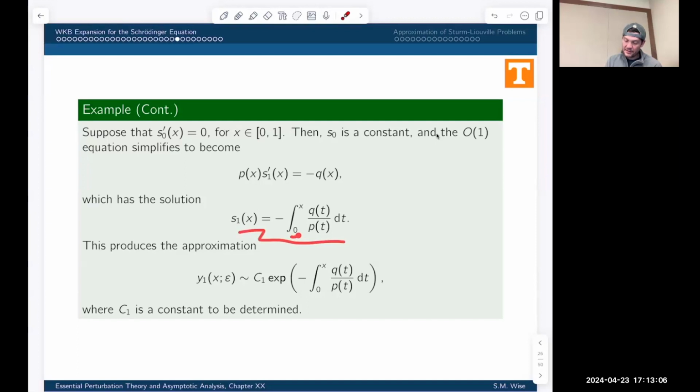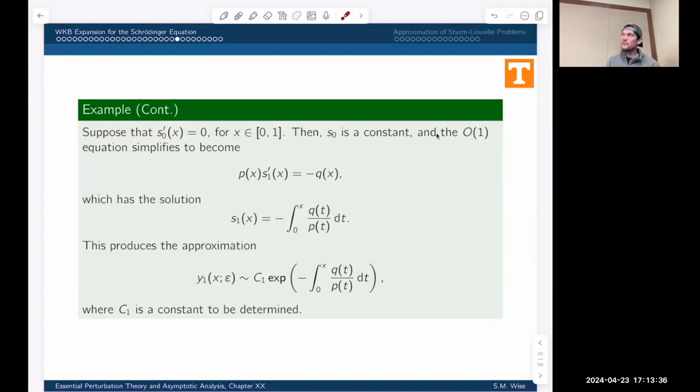Now we're going to use the lower limit of integration as 0 because why not, right? That'll turn out to be useful for us. So that produces this approximation. And if you're eagle-eyed, you can see right away that that's just the outer solution, the outer approximation. So that C1 is going to be a constant that has to be determined.